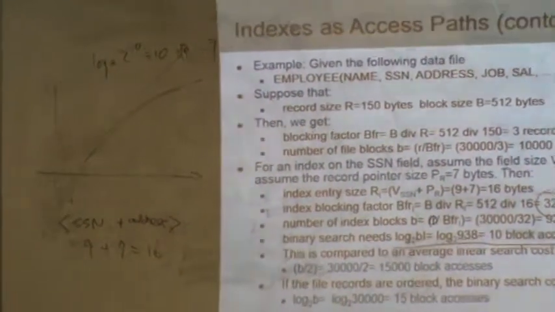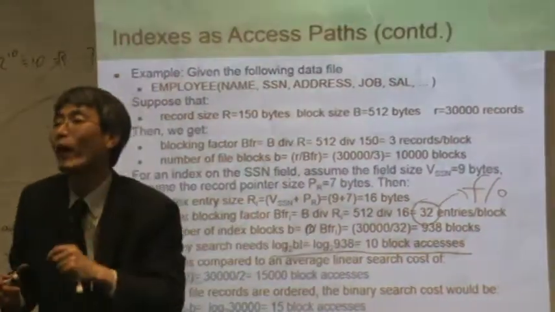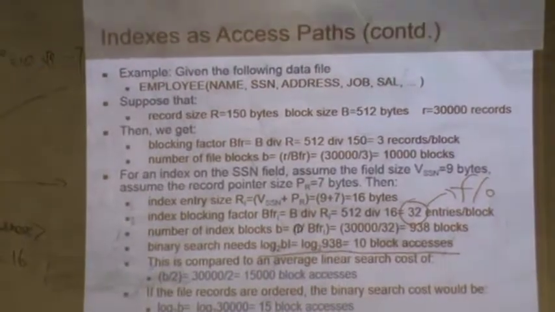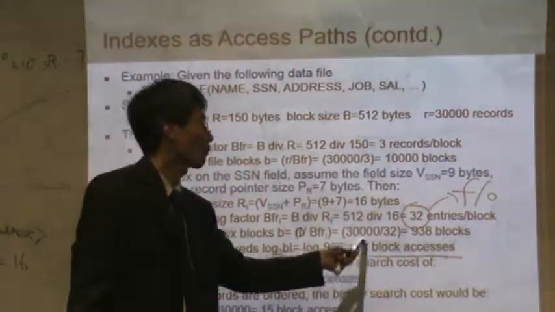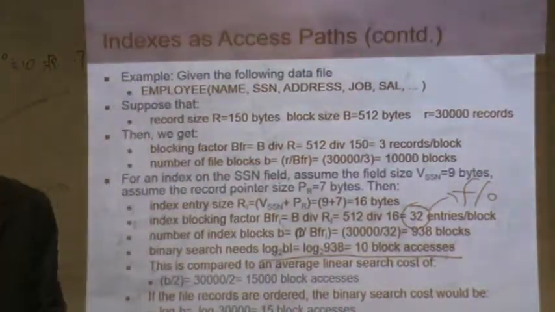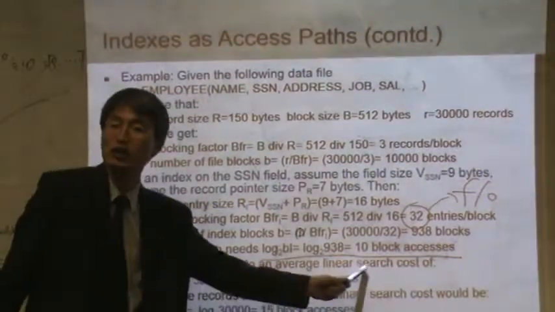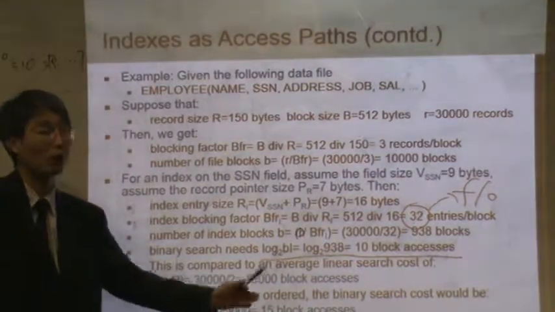So you need 10 block accesses to find the correct pointer address. Then, is it done? We need plus 1 data block access, because it's the address, so we need to access it. Otherwise, if we use linear search without an index, linear search is half, so 5,000 blocks.